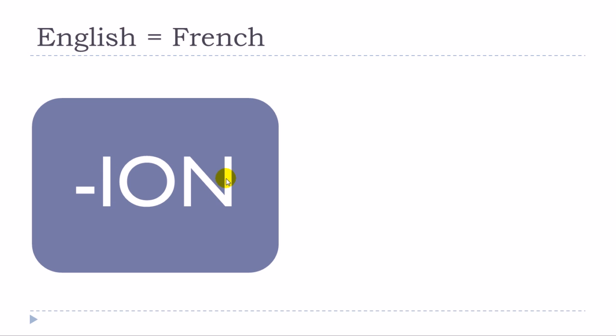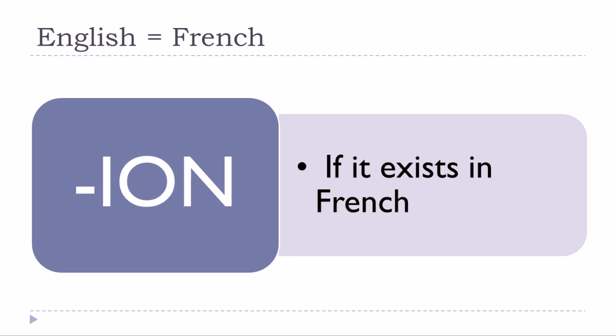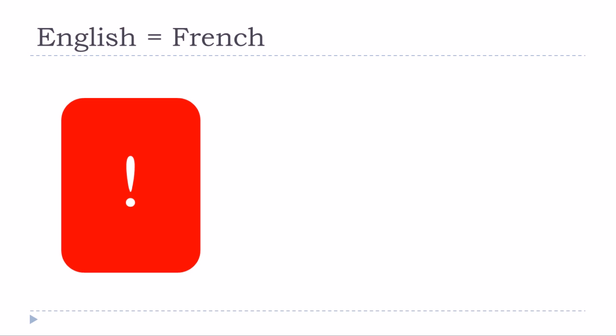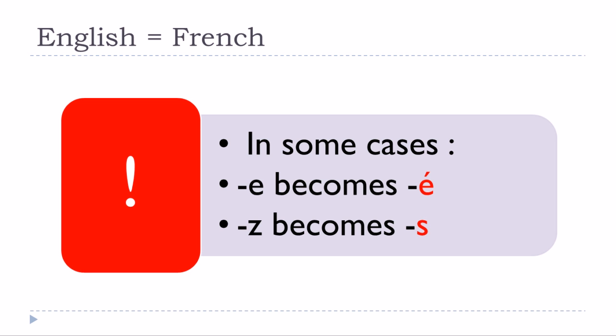Keep in mind that the first thing that you should remember is that it must exist in French, because not all these EON words in English exist in French. And then the second thing that you should keep in mind, in some cases the writing will change a little bit. Let's start.